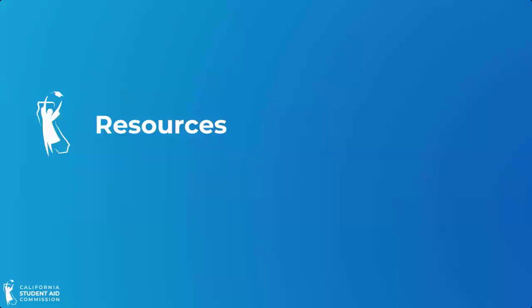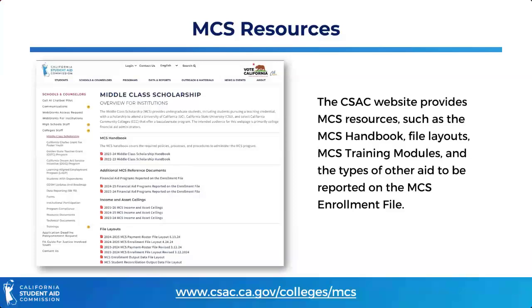All right, before we get you out of here, I'm going to go over just some Middle Class Scholarship resources. So, our website provides Middle Class Scholarship resources such as the MCS handbook, file layouts, and the types of other aid to be reported in fields 16, 17, and 18 on the enrollment file.